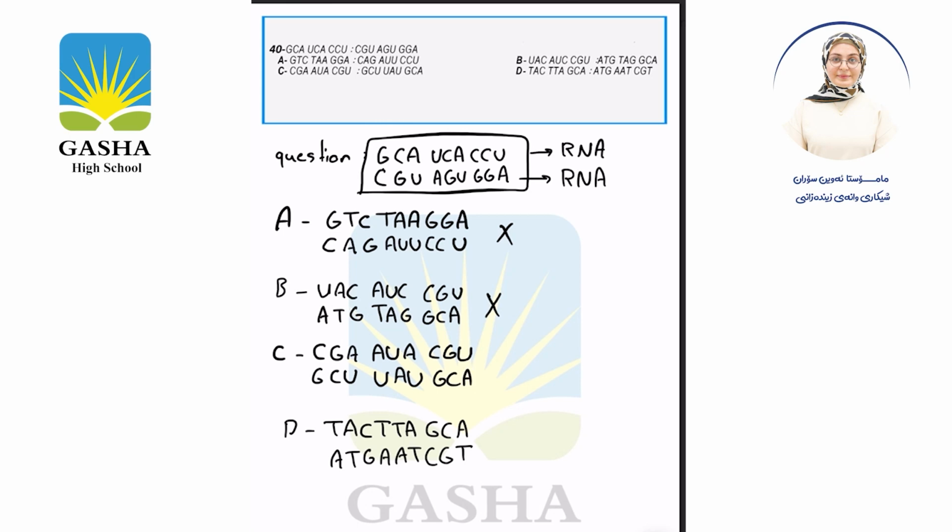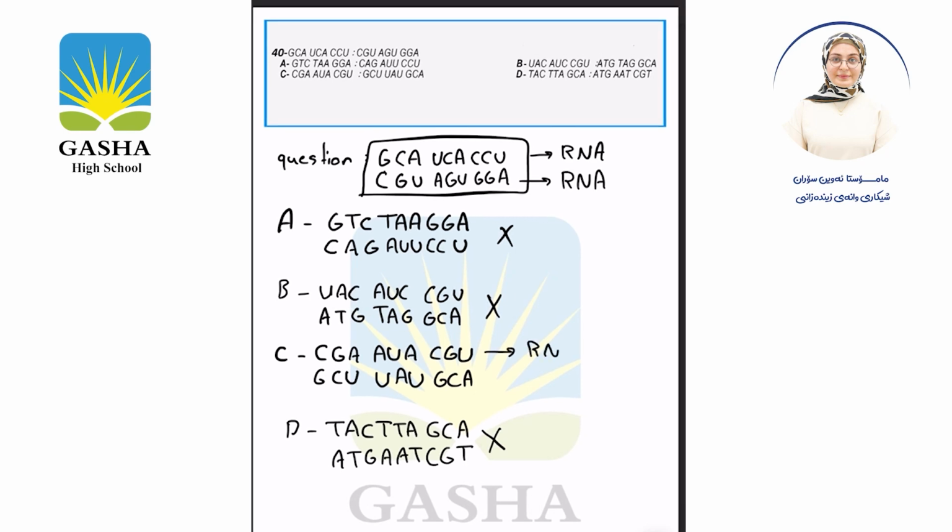In D, there's T again, so this is a wrong answer. In C, there's no T, so both of them are RNA. And if you compare them, all of the units are complementary to each other: C, G, G, C, A, all of them to the end. So the most true answer for question 40 is C.